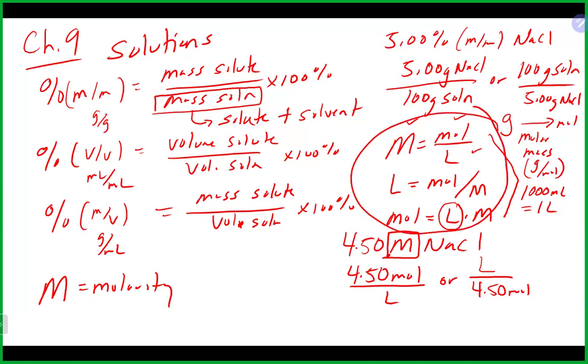So without having to remember whether you should be multiplying or dividing, if you set it up that way, opposites cancel, and it'll almost take care of the math for you as you do the problem.